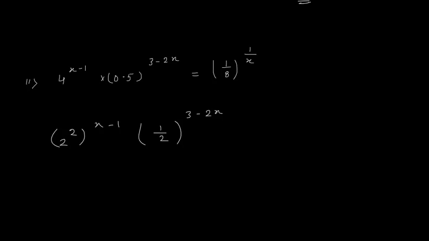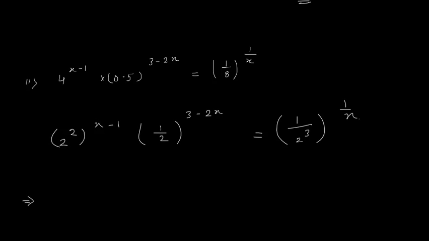Okay, as on the right hand side we are seeing that 8 is 2 power 3, here 4 is 2 power 2, here 0.5 is 1 upon 2. So it is better that I will convert everything into the base 2 form. So now here on the right hand side it is 1 upon 2 power 3 the whole power 1 upon x.